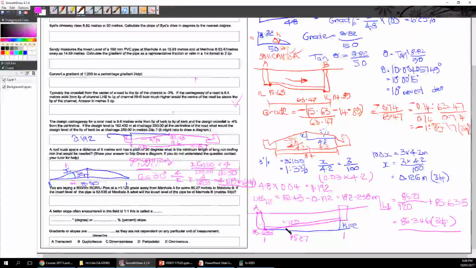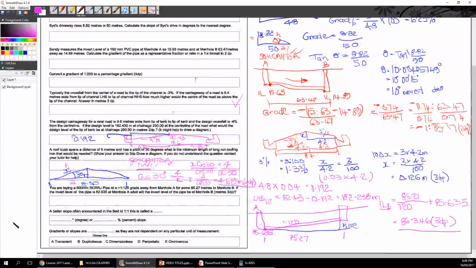So if it goes up a meter every 120, it's only going to go up 85.27 over 120 meters in 85.27 meters. We did work it out, and then we just add that to 85.635, and there it is.